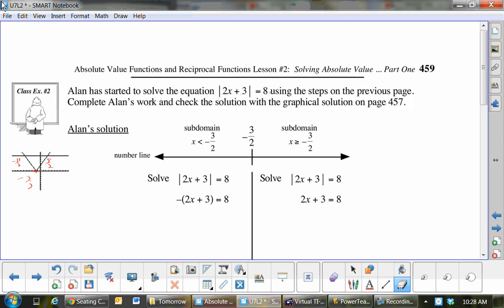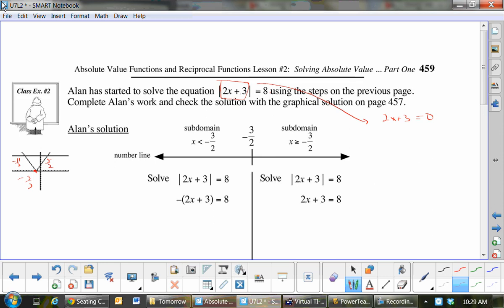Now, absolute values algebraically are a little bit more complicated than if you do it in the calculator, because we need to be able to find when this equals 0, when this is greater or equal to 0, and when it is less than 0. So first of all, let's find out when 2x plus 3 equals 0.